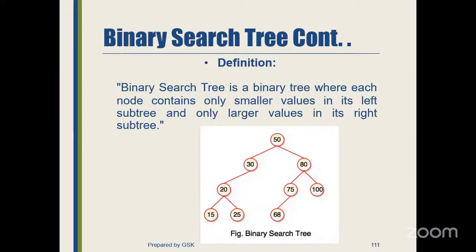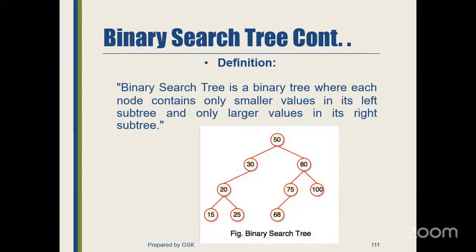See the definition. A binary search tree is a binary tree. What does it mean? Each node can contain at most two children only. We must follow that rule also, because a binary search tree is first a binary tree.